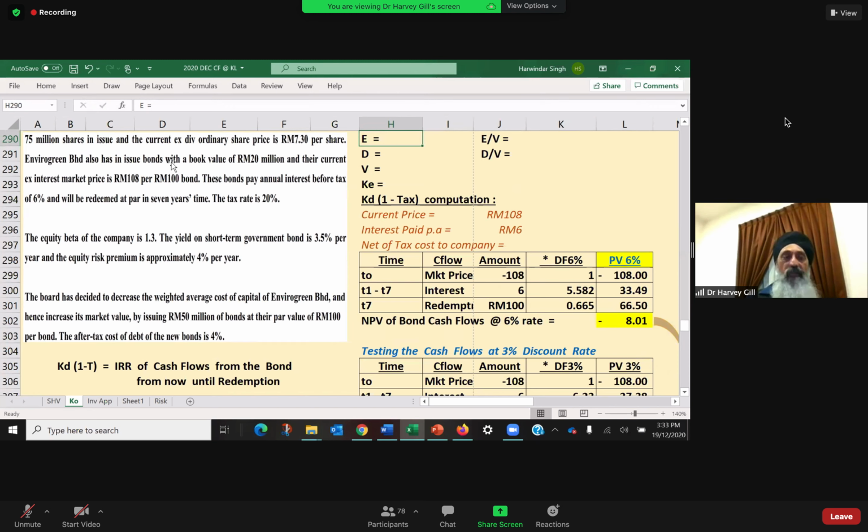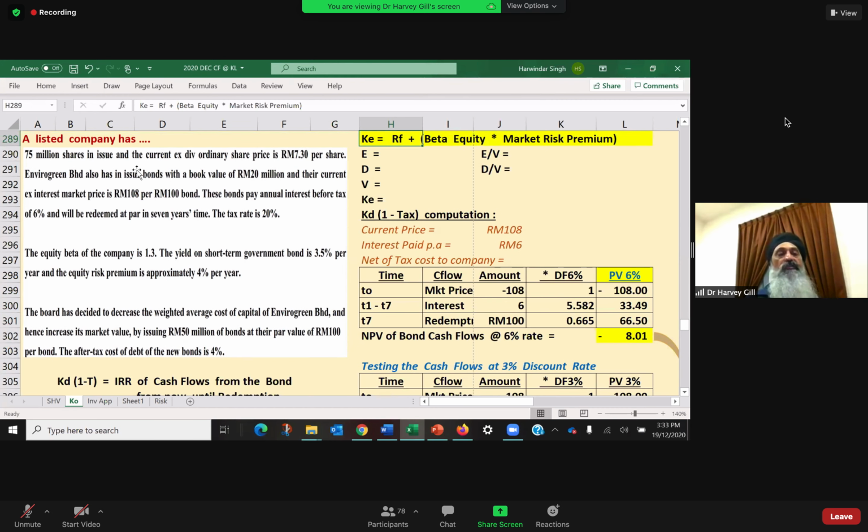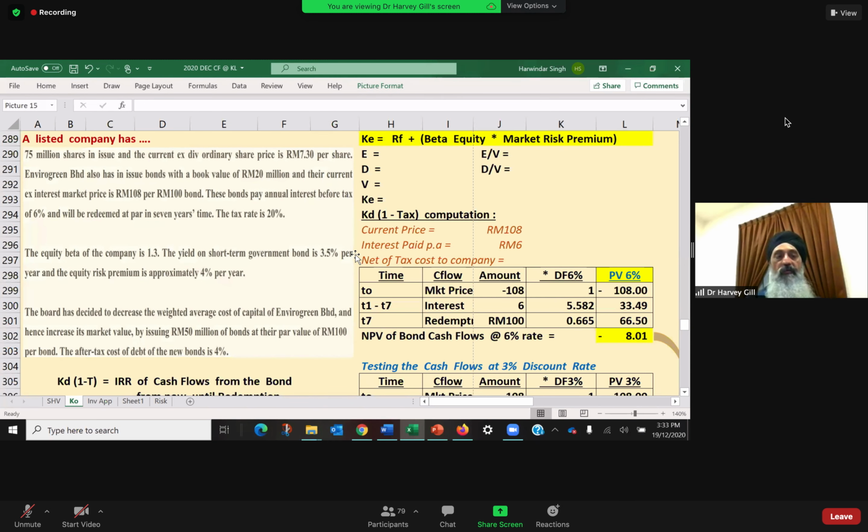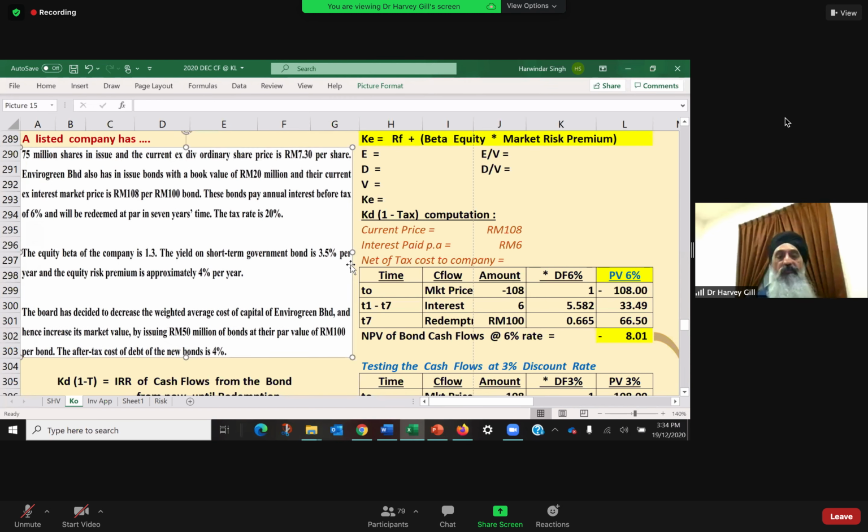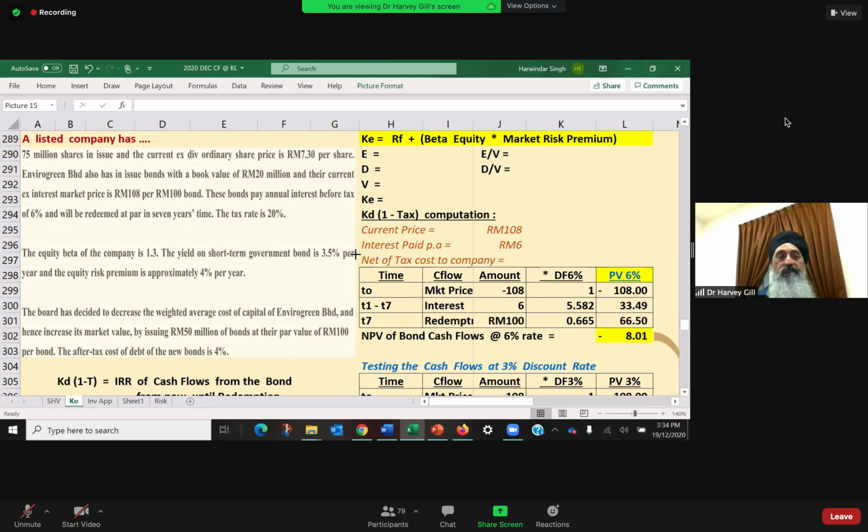So listed company has 75 million shares in issue, and the current ex-div ordinary share price is 730 per share. This is one of the past year questions, from one of the professional papers.